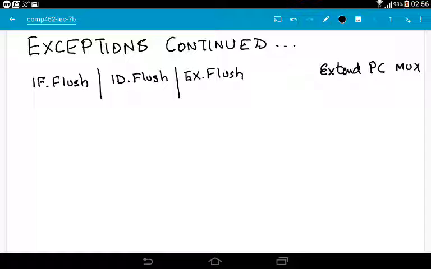It also records the cause of the exception in the cause register and then jumps to that specific address where the operating system gets control.